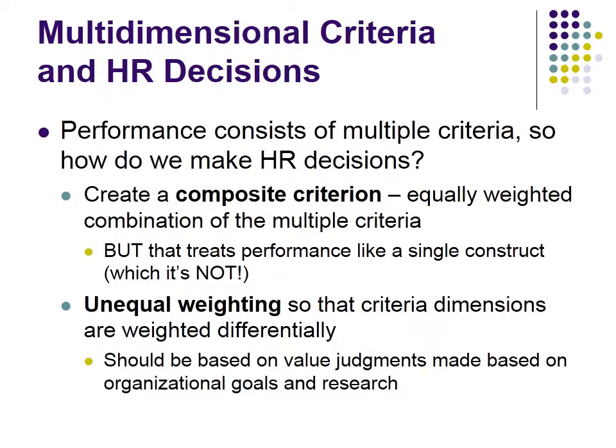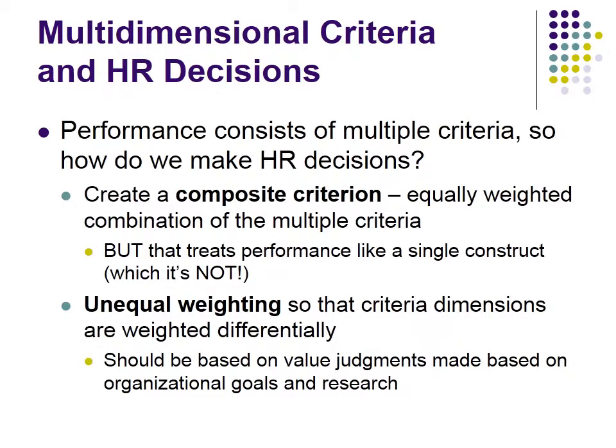So you would probably weight things slightly differently if what you were trying to do is determine who needs training in certain skill areas than how you'd weight it if you were trying to determine who actually gets promoted. And you might weight it also differently if the decision you were going to make is who actually is going to be terminated. So if you were planning to promote people, you'd probably be very focused on the parts of their job that will still be completed at a higher level if they get promoted.